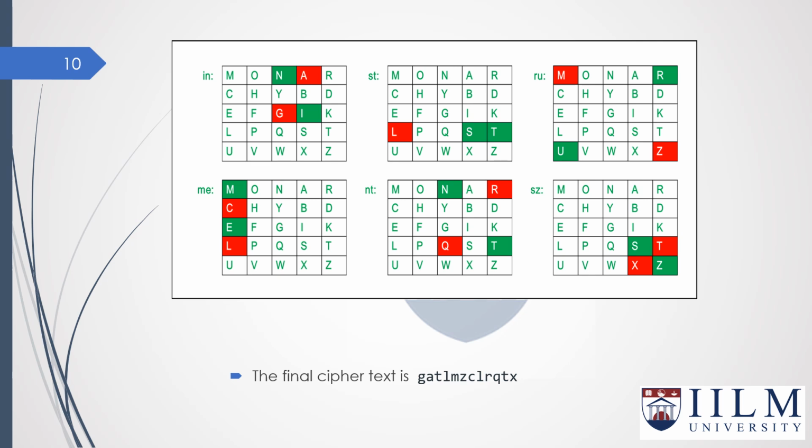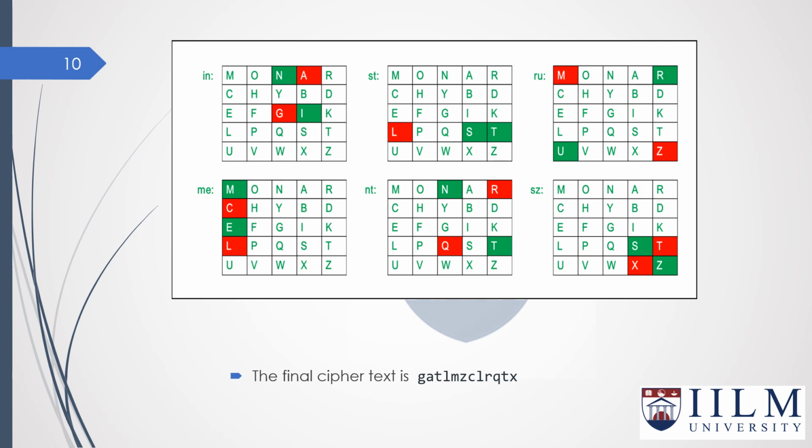So this is our arrangement of alphabets in a 5 cross 5 matrix. The first pair is IN. Three formulas are there to know how to pick the ciphertext.